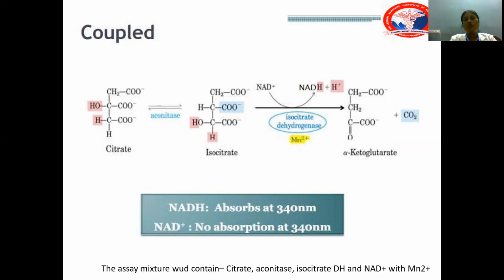It is acted on by isocitrate dehydrogenase, which converts isocitrate into alpha ketoglutarate, during which NAD plus is reduced to NADH.